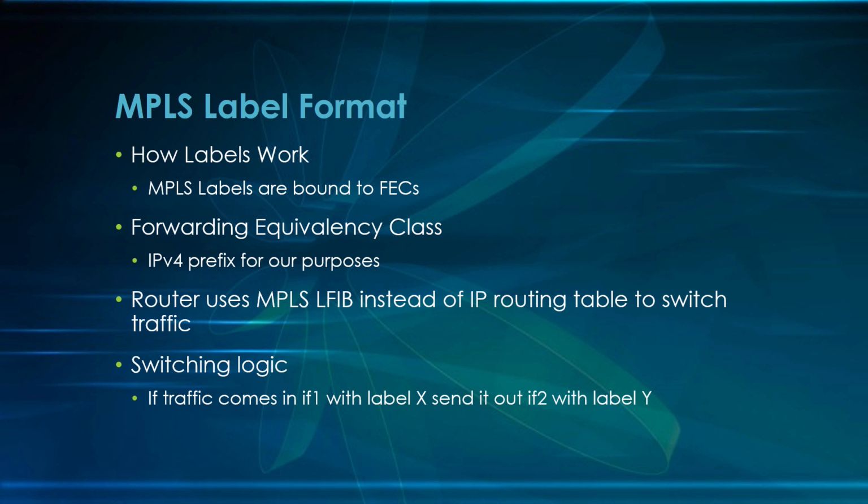So if I have an inbound packet coming in on interface 1, I'm going to look it up and say, okay, I know that I have to do a routing table lookup to figure out what interface I'm going to use to get to that particular next hop IP address. I'm going to take a look at the routing table. The routing table is going to tell me the outgoing interface.